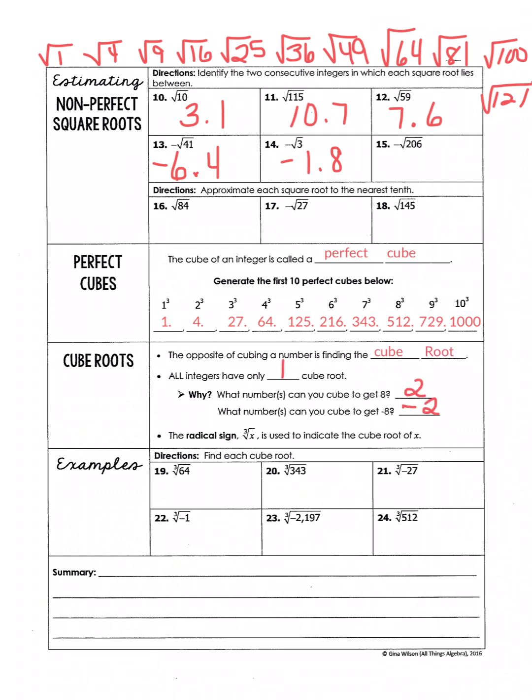The opposite of cubing a number is finding the cube root of a number. All integers have 1 cube root. Why is that? Well, if you look at the number 8, if you want to find the cube root of 8, it would be 2 times 2 times 2.